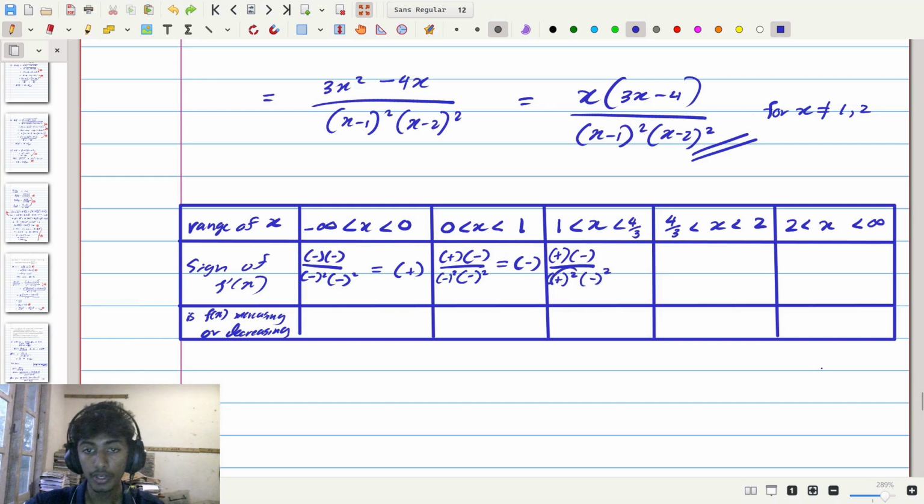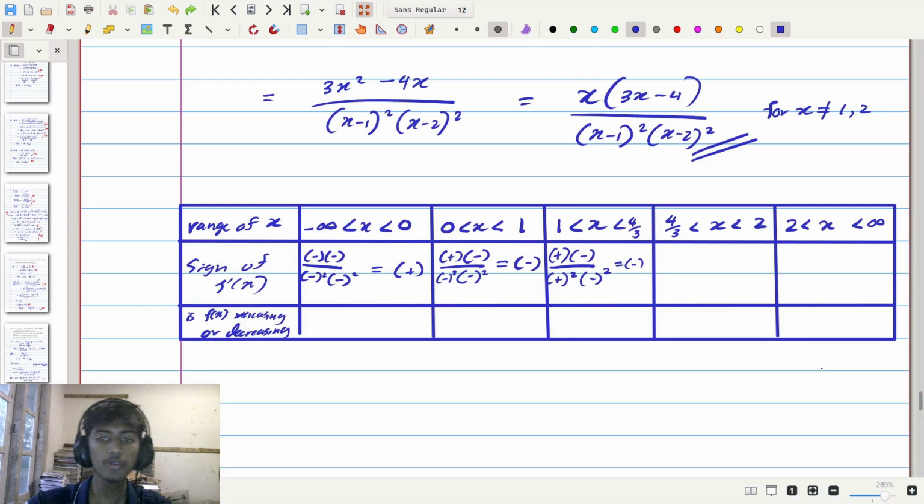Now this is positive, this is anyway positive, and this is negative, which means that our sign is still negative. So this didn't change anything. Going from x in between 0 and 1 to between 1 and 4 over 3 didn't actually change anything for the actual sign of f prime x. However, since the value at x equals 1 doesn't exist, we do need to make this break.